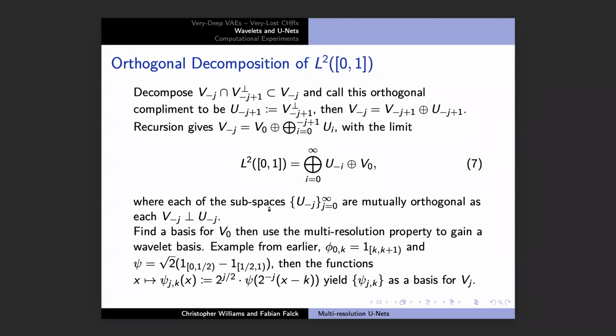The last part is once you know a basis for this V0, you can essentially figure out the basis for the rest of the VJs because of the scale and translation property that we had. So for this one, these are what are called the mother and father wavelets.